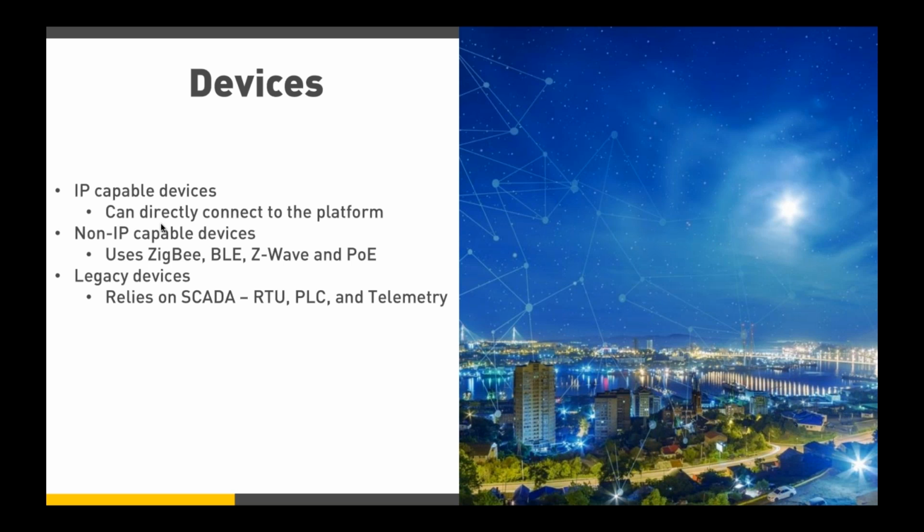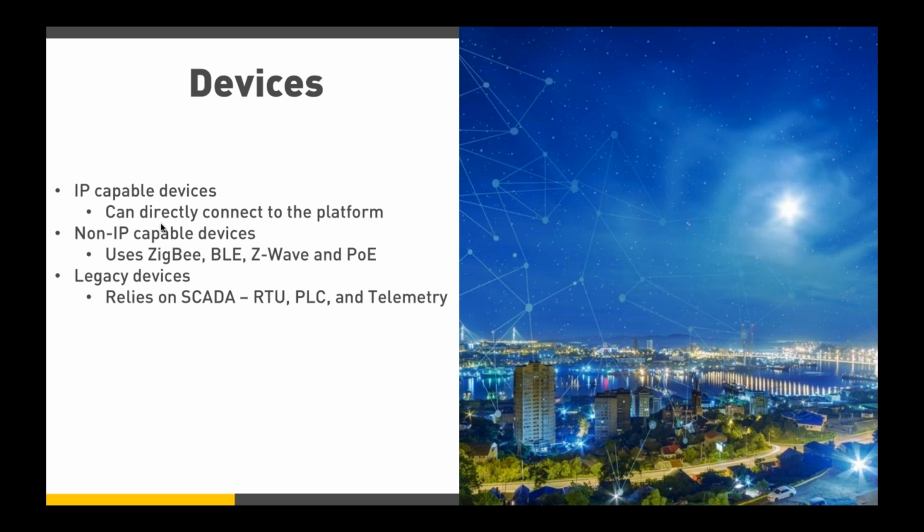So they can directly send the data or receive commands over the network. Then there are some low-powered devices which are based on microcontrollers and very small form factor devices, and they don't have enough power to participate in an IP network. So they use protocols like Bluetooth Low Energy, Zigbee, Z-Wave, and if they're capable, they can even use Power over Ethernet.